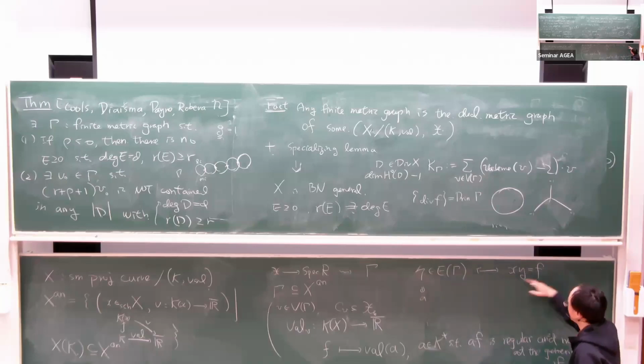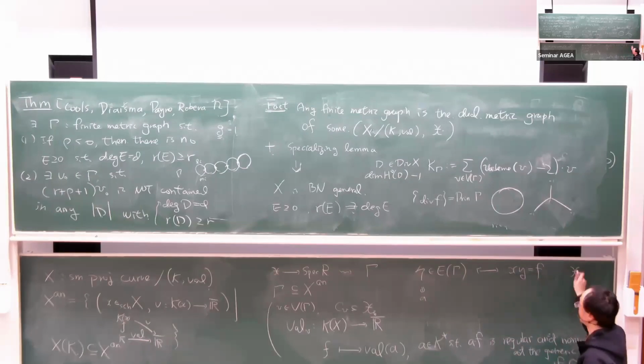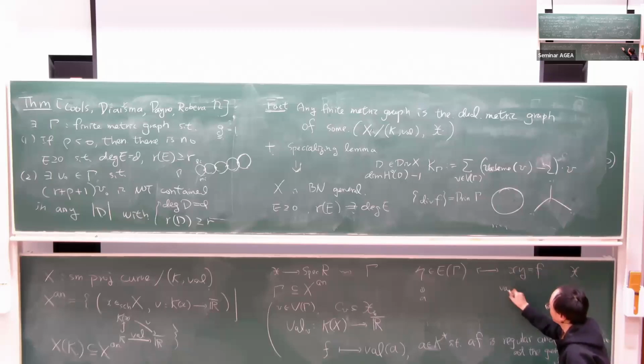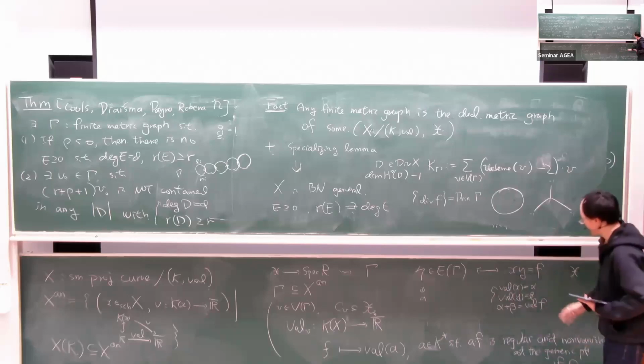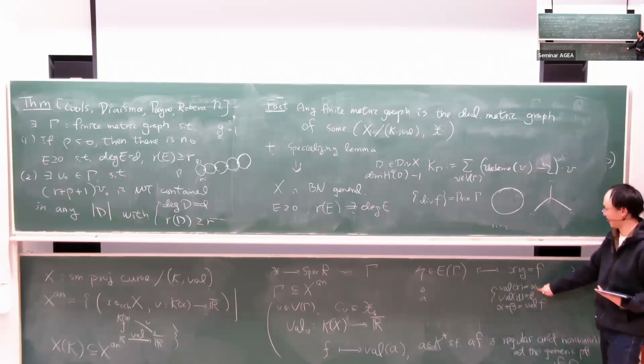So if you write down such an equation, then you have a coordinate on the total family here. And you can define a valuation, a monomial valuation, in this manner. So you can easily verify that you can vary alpha and beta.